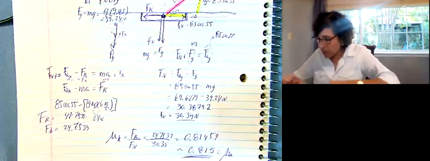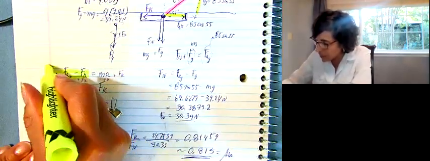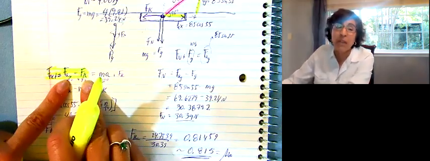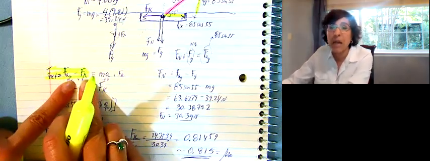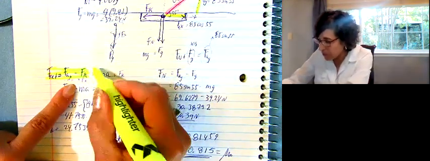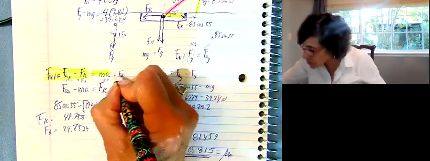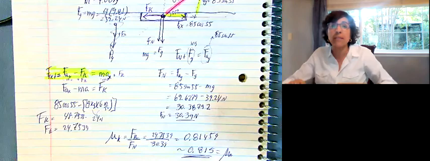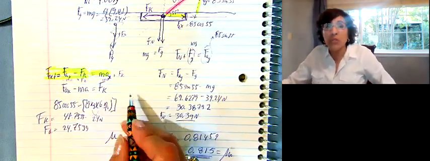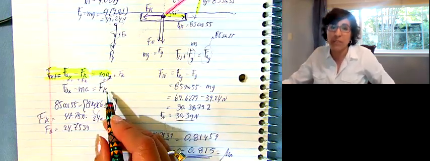So I add the two vectors. One happens to be in the negative direction, so it's like adding a negative. And that's also equal to ma. And they gave us the acceleration in the x direction. I move things around to solve for the only thing I'm interested in now, the kinetic force.